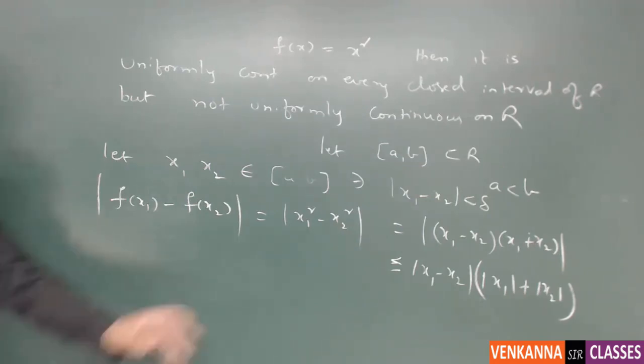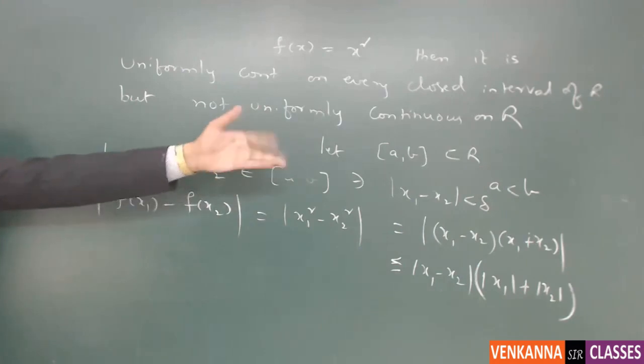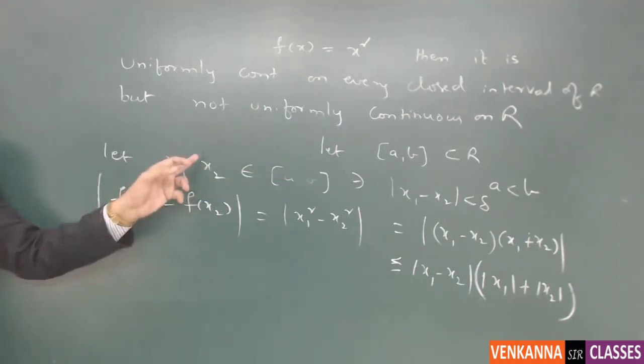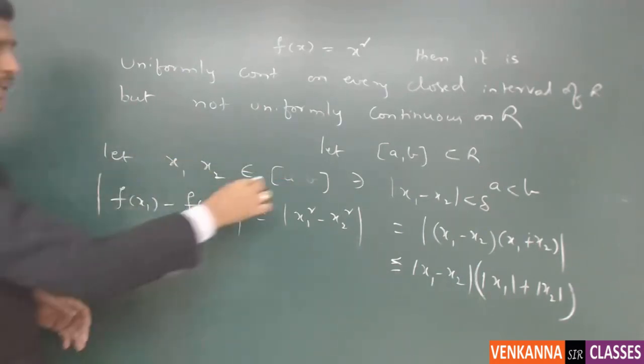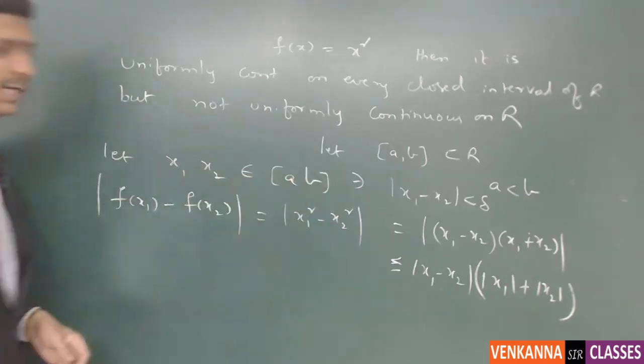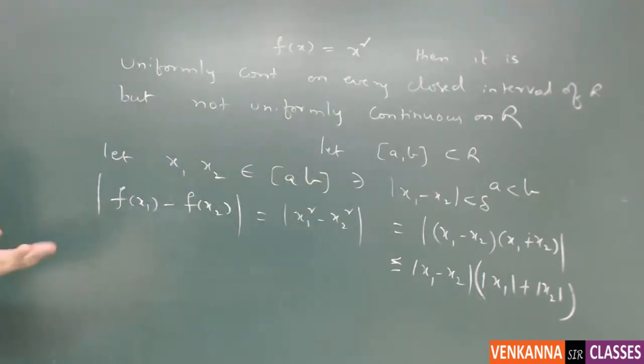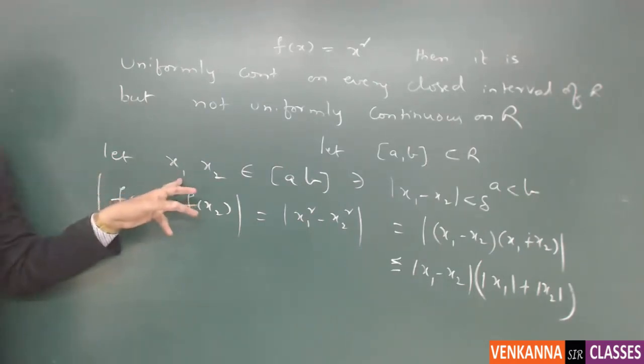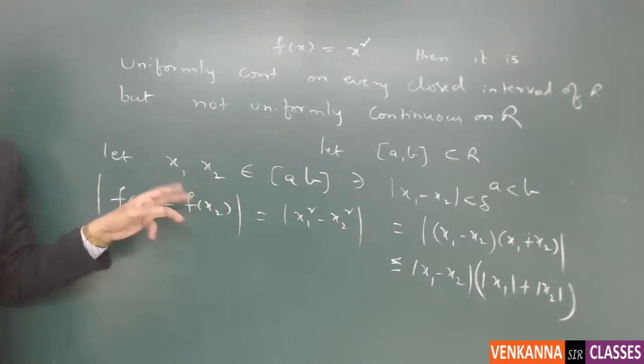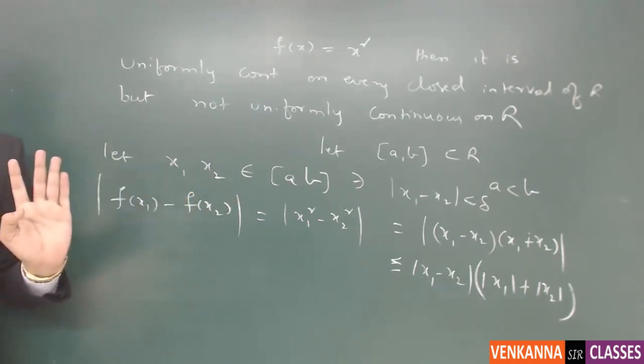Now what happens? You don't know. You can take any closed interval AB, and x1 comma x2 are any 2 points in that interval. One may be positive, one may be negative. Any interval you are taking. Now what happens? Whatever the real numbers you take, usually one will be big, one will be small.